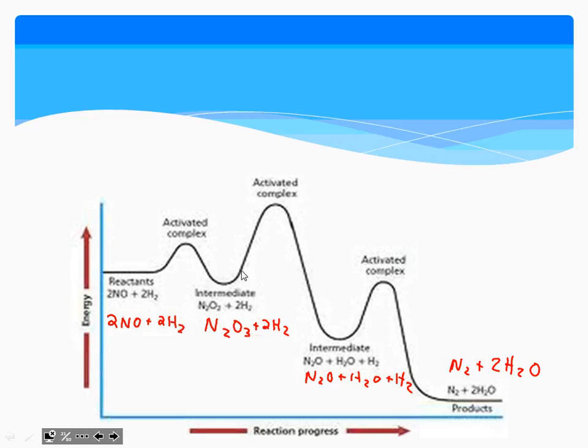Then I need some more energy to form my second group of intermediates, dinitrogen monoxide, water, and hydrogen gas. And then finally, we have more energy needed to reach my final products, which are nitrogen gas, N2, and 2 molecules of water. So this particular reaction occurs in 3 elementary steps.